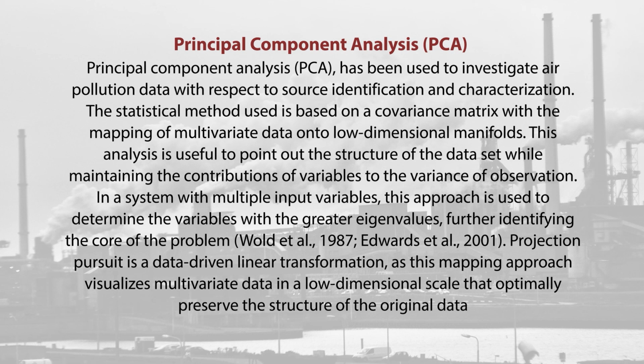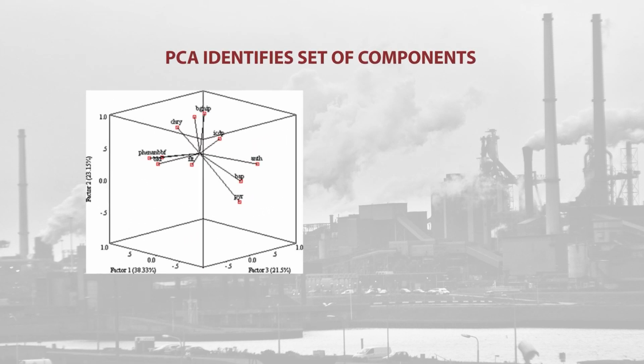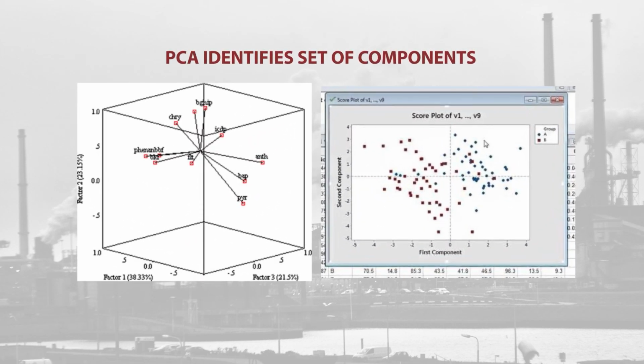In a system with multiple input variables, this approach is used to determine the variables with greater eigenvalues, that is, eigenvalues more than one, and further identify the core problem. PCA identifies a set of components: factor 1 may be one group of components, factor 2 may be another group.